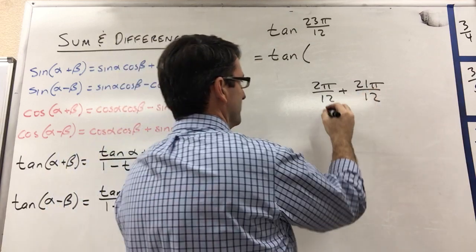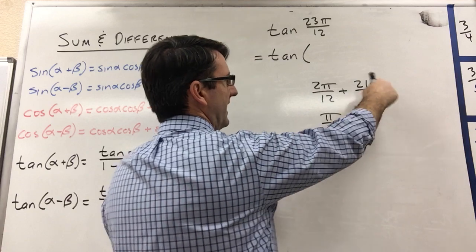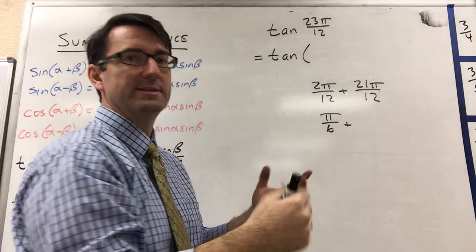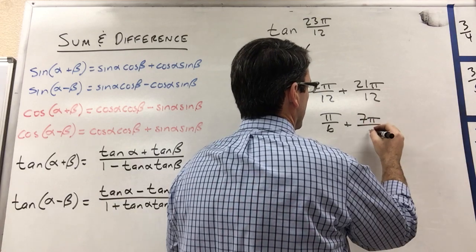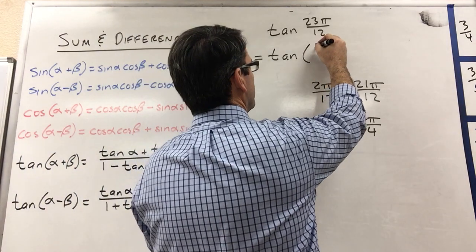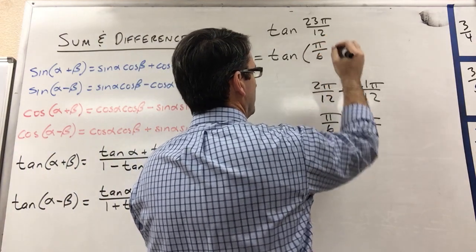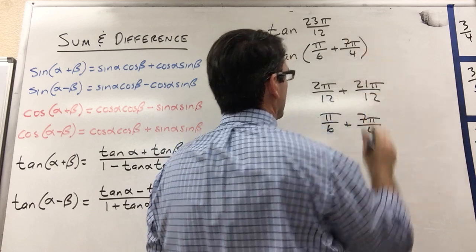That would also be on the unit circle. If we divide the top and the bottom by 3, we'd get 7 pi over 4. And that's on the unit circle. So let's put that up in here. Pi over 6 plus 7 pi over 4.